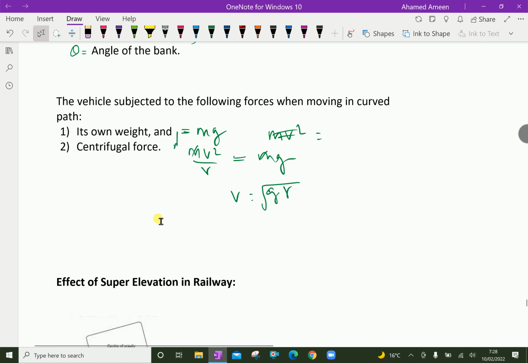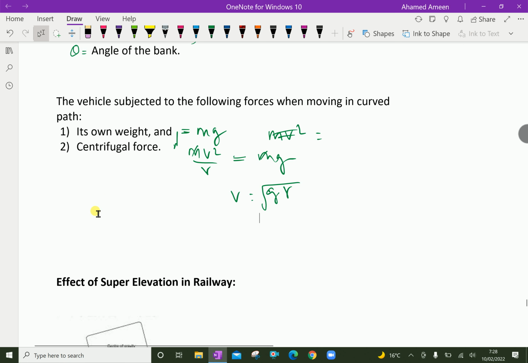From this, the vehicle speed does not contain the mass. That means the expression for the super elevation is independent of the mass of the body.